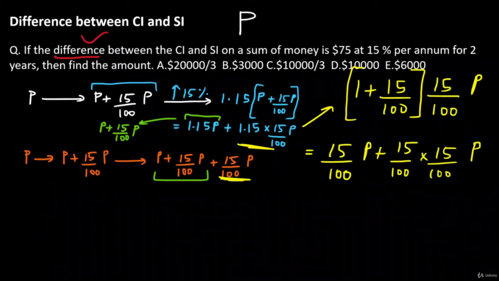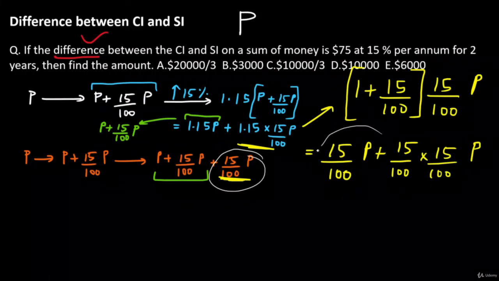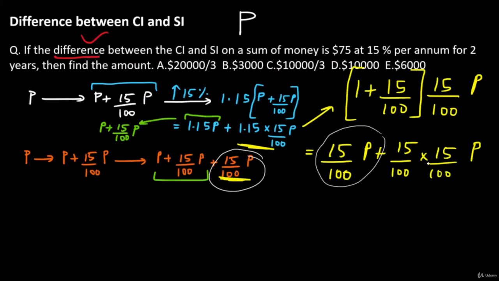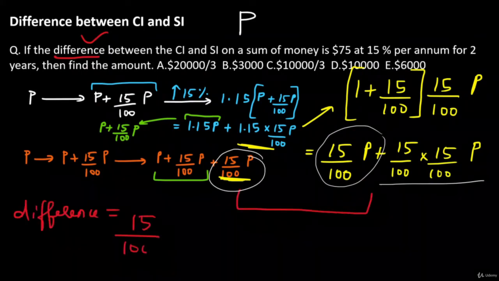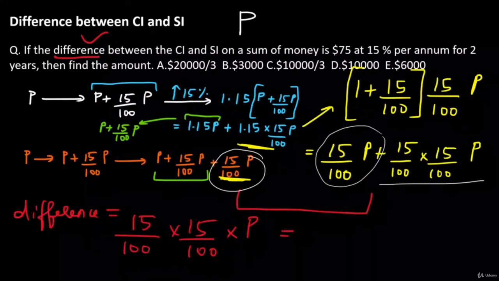All right. Now let's look at the difference between this and this, right? That's what we have been trying to do. So you have 15 by 100 into P over here and you have 15 by 100 into P over here, right? So when you find the difference, it's just this term that remains, right? So the difference is equal to 15 by 100 into 15 by 100 into P, and that is given as 75. Remember, by using the logical approach, we had arrived at the same equation over here.